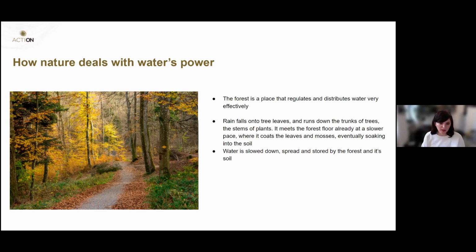When it rains really hard, the rain falls onto leaves, it runs down the trunks of the trees, the stems of the plants, and it meets the forest floor at a slower pace, where it coats the leaves and the mosses and eventually soaks into the soil. So the forest spreads the water, slows it down, and then it can be stored and used by the forest ecosystem.